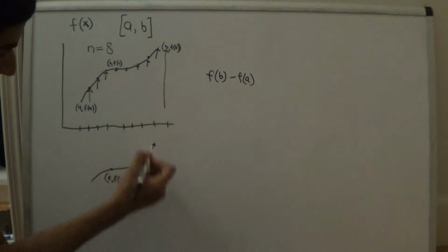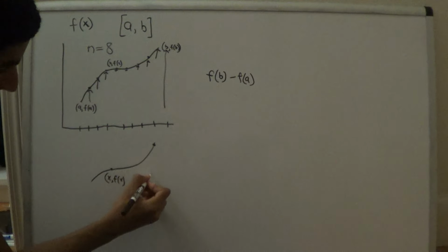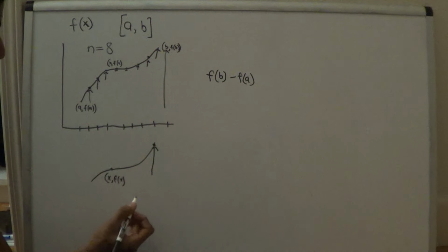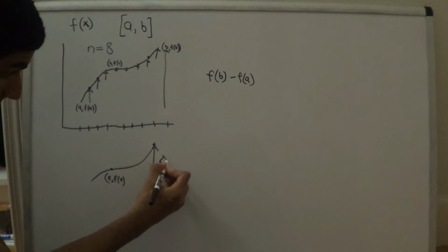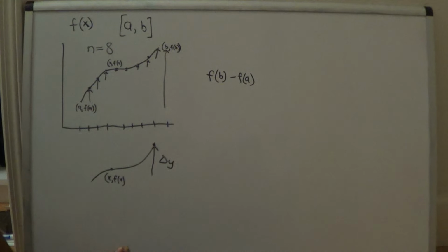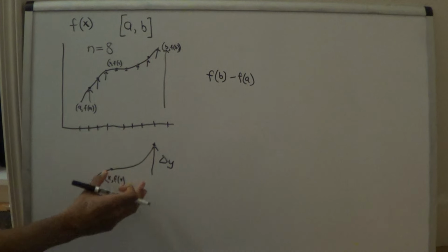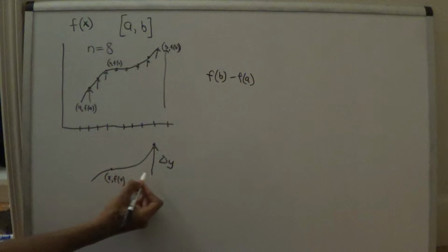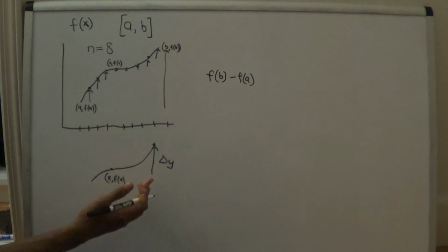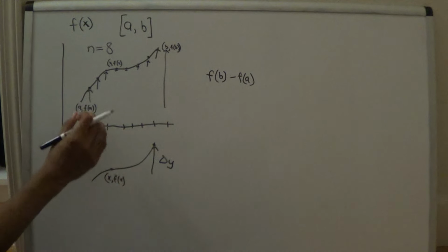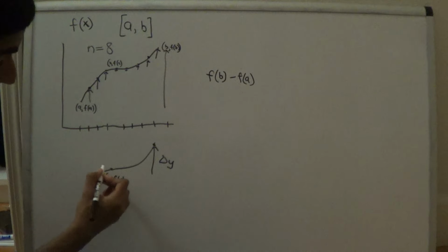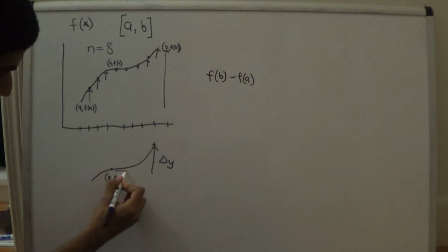We have the vertical change up from here to this point, and I'm going to call that vertical change delta y. Let's also look at the horizontal change, from here to here, that's the length of the subinterval, which is constant for each of these subintervals. I'm going to call that delta x.